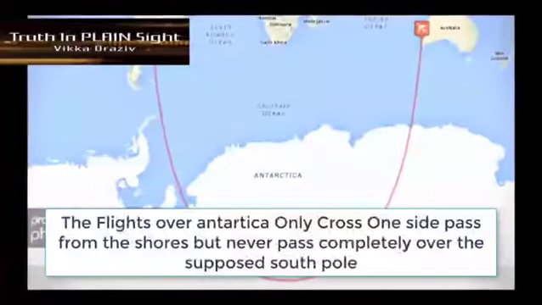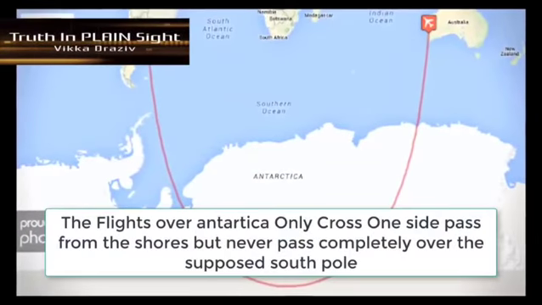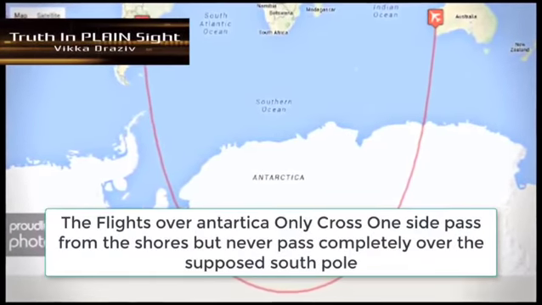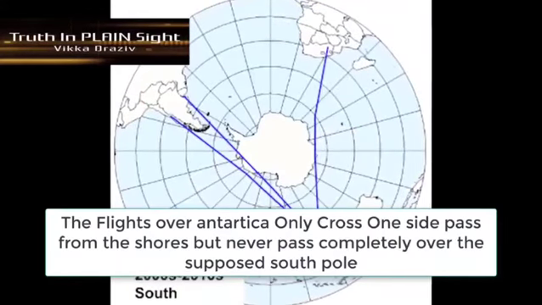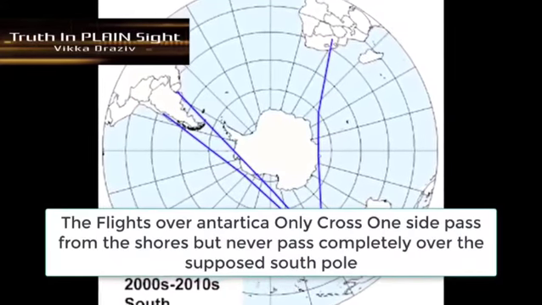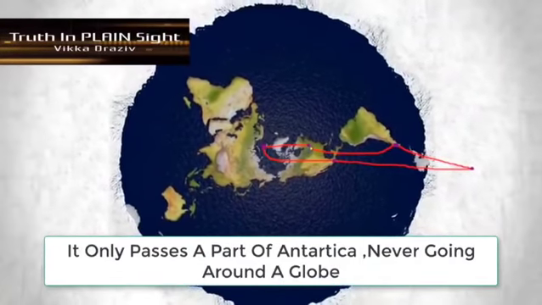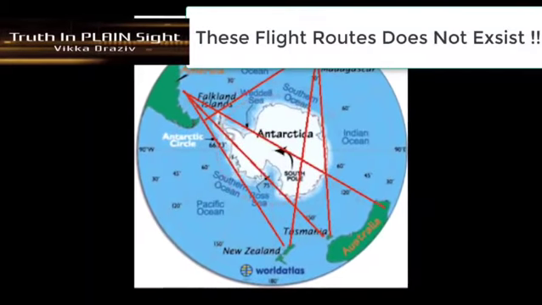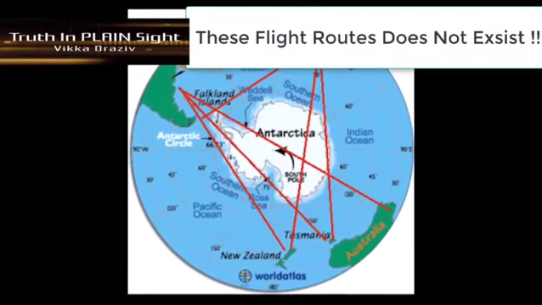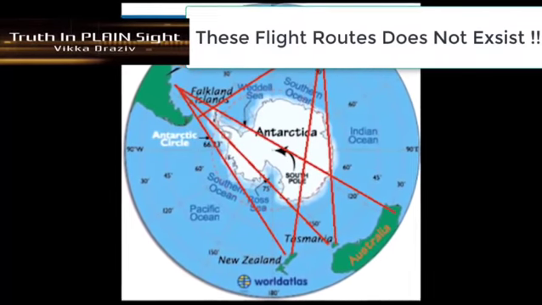Of course, that is an excuse, since flights over Antarctica are not made because they are impossible. If it could be confirmed that there are flights that take this route over the South Pole, it would prove that the Earth is indeed a balloon.